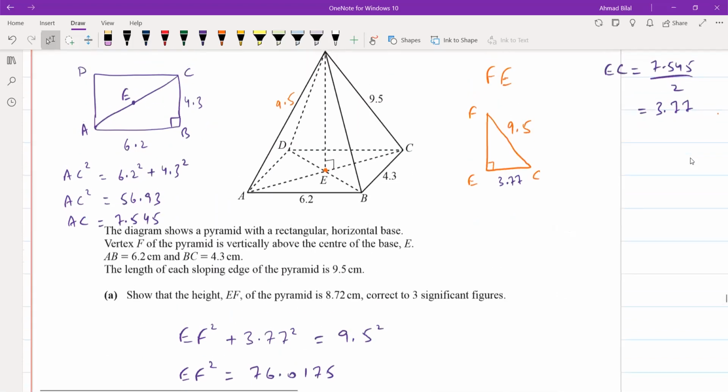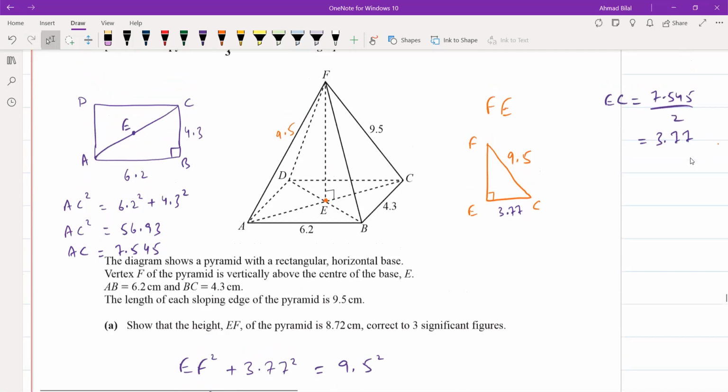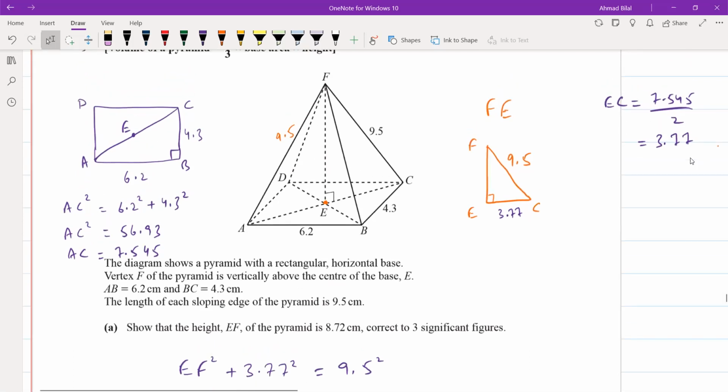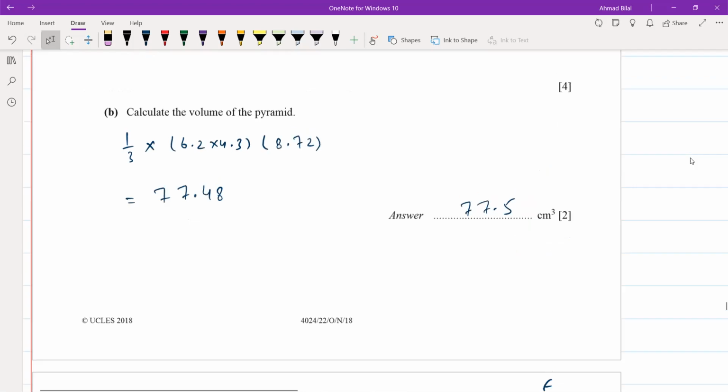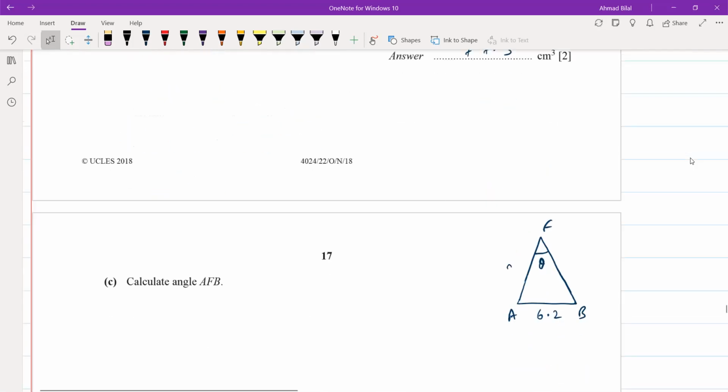Now, do we have the length? We know AB. AB is 6.2. AF or BF, they're both, these sloping edges, जो उसने यहाँ पे बताया हुआ था. उनकी length कितनी है? They are 9.5. So we just say AB is 6.2. That was given. And the sloping edges are 9.5 and 9.5 each.